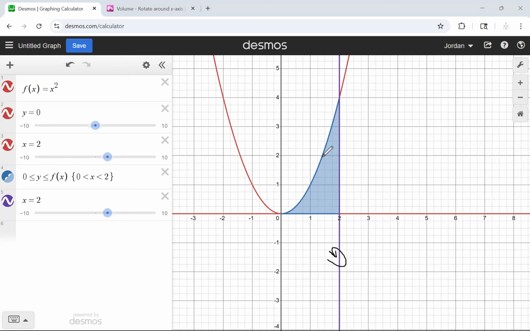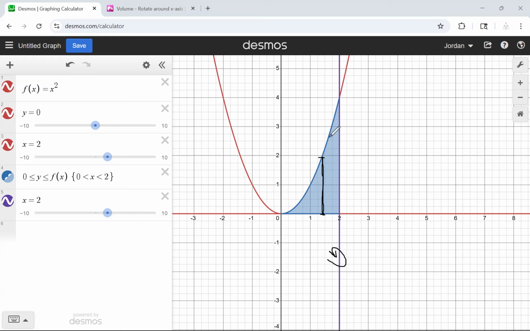If I want my rectangles to be shell method rectangles, then I'm going to set up my rectangles parallel to the line I'm rotating around. That means the height of the cylinder, which is the height of this rectangle, is going to be from the top of the curve down to the bottom.